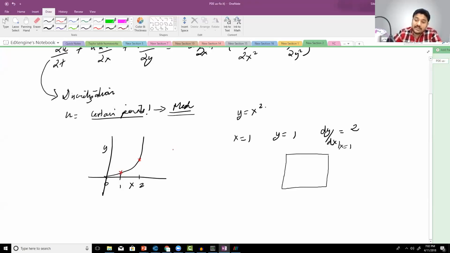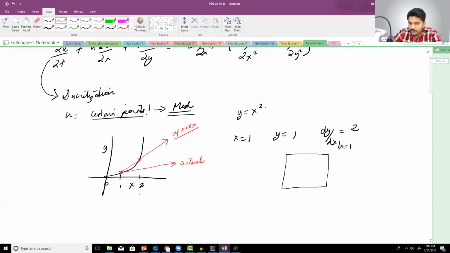And then I'll compute the derivative based on these 2 points. The derivative that you're computing is this one, which is the slope of the curve, whereas at x equal to 1, the actual slope is like this.